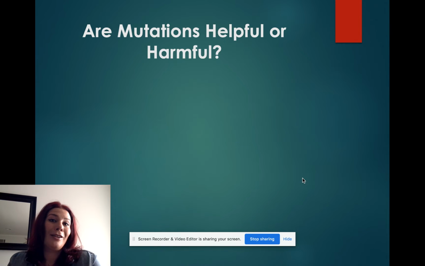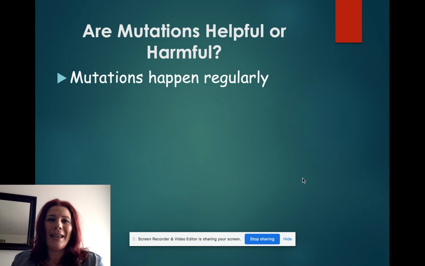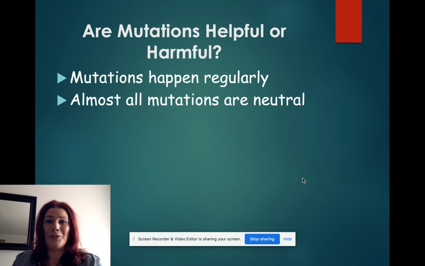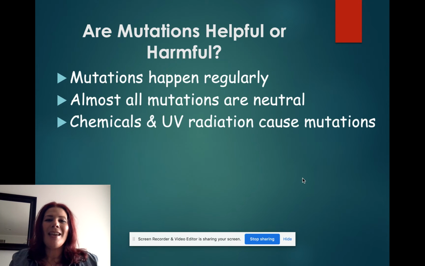So are they good? Are they bad? Well, I think I kind of addressed that in the other animated video that I made. But again, mutations happen regularly. The majority of mutations are just neutral, meaning they're not really good or bad. They're just there. Chemical exposure, UV radiation, any of those things can cause mutations. That's why skin cancer is a type of mutation.